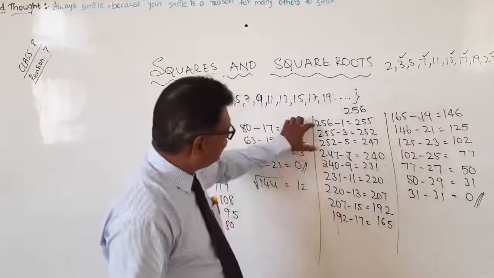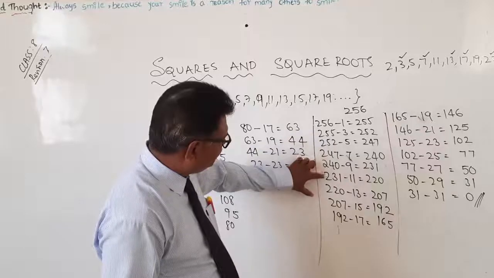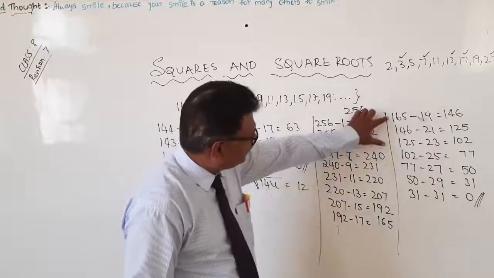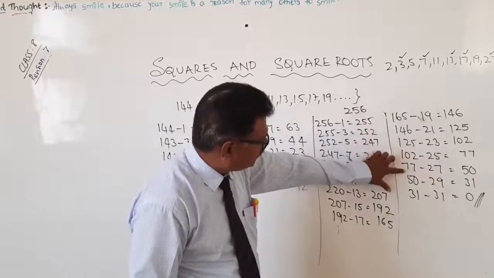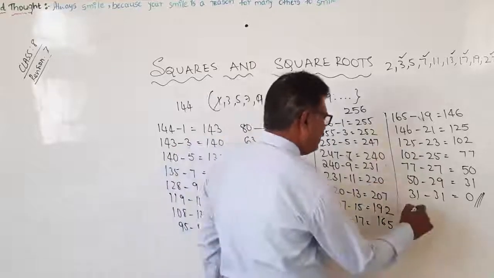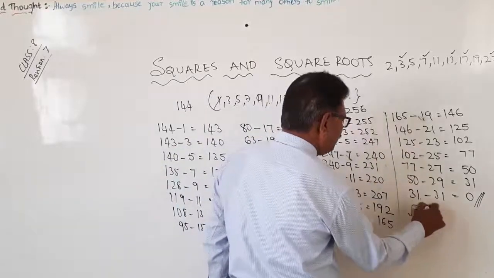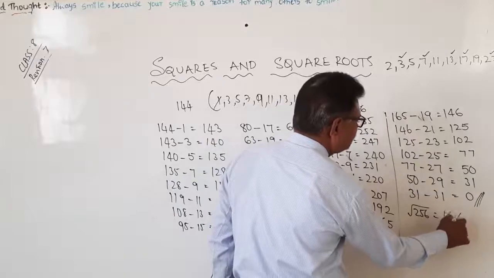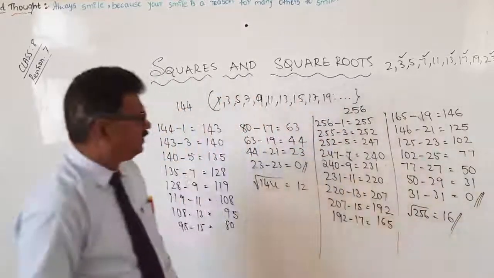Therefore, 1, 2, 3, 4, 5, 6, 7, 8, 9, 10, 11, 12, 13, 14, 15, 16. Therefore, the square root of 256, what is that? 16. Like this. Okay? Yes.